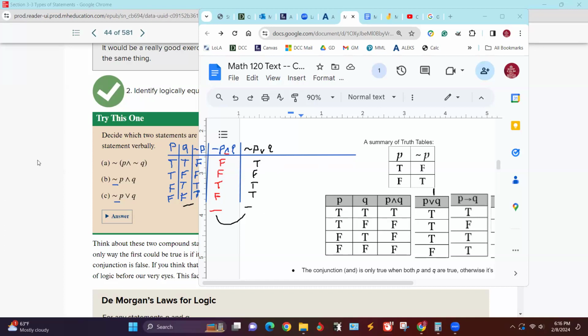So, all right. I'm building now this one. And I saved that one just because that one's a little bit more complicated. Now what I'm going to do, I'm going to put my P here.